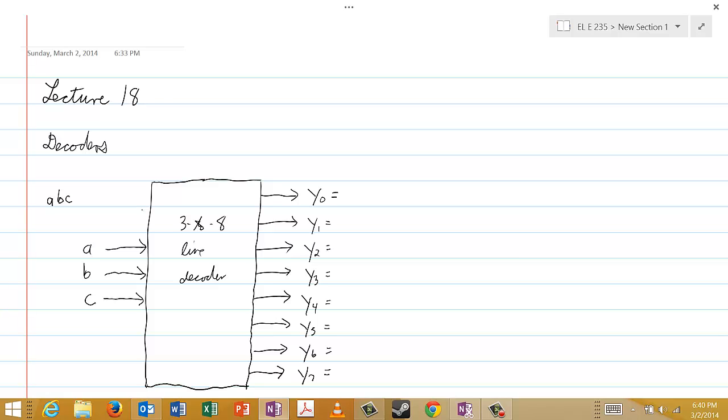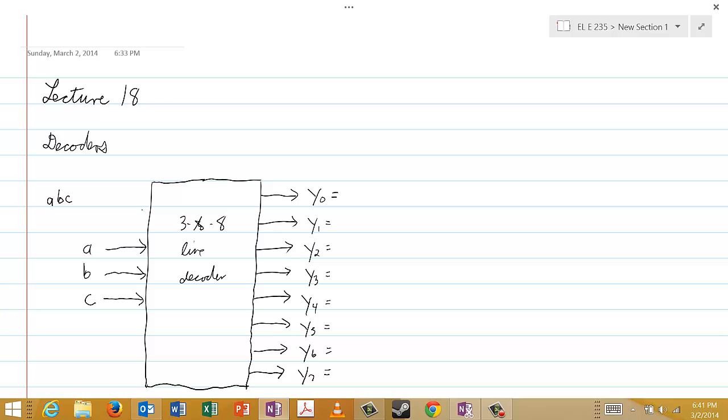We know that each output is equal to 1 for only one possible combination of the inputs, and that sounds like, and in fact is, a minterm. And therefore, all we have to do here is to identify which minterm corresponds to each output.